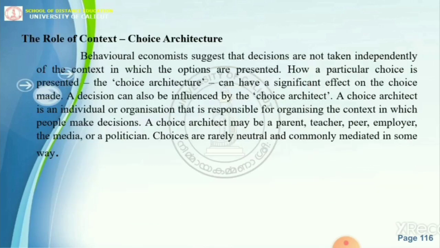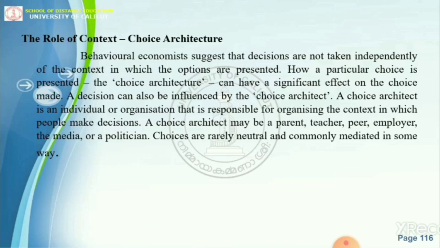So the role of context, that is choice architecture. So why are we choosing in that situation? Behavioral economics suggests that decisions are not taken independently of the context in which the options are presented. How a particular choice is presented, that is the choice architecture, can have a significant effect on the choices made. So a decision can also be influenced by the choice architect.